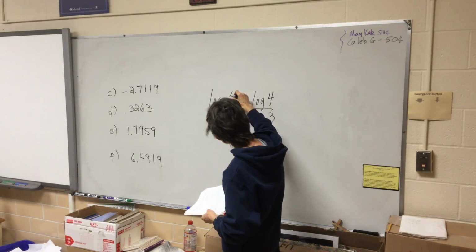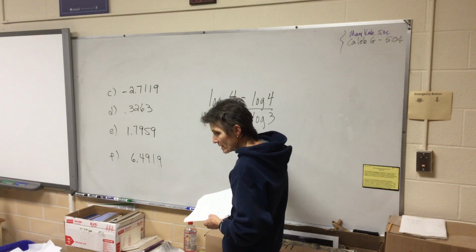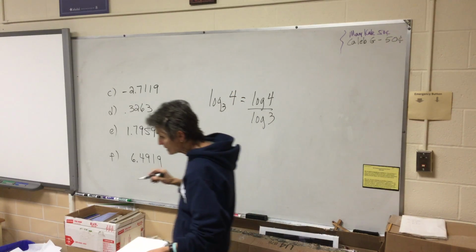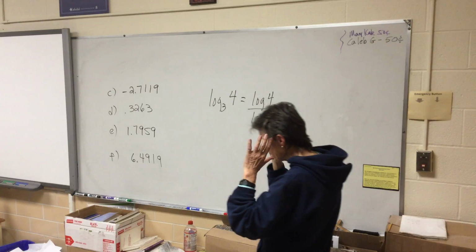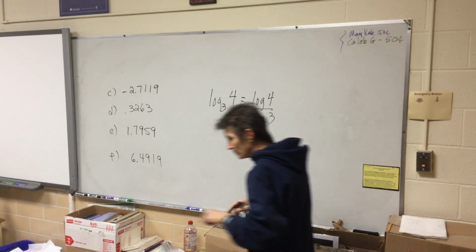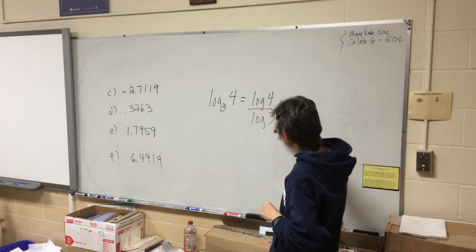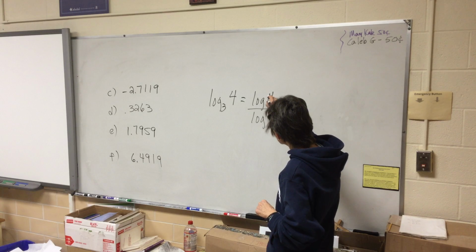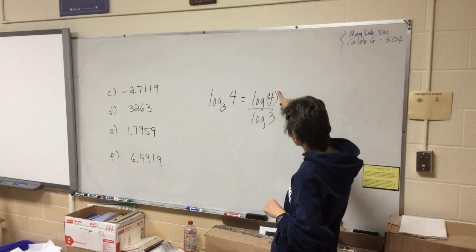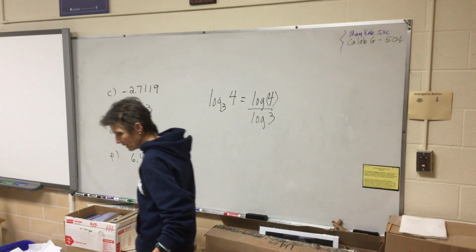It's the log of this number divided by the log of the bottom number. Always. So there really isn't anything to be confused about. We just have to pay attention so we know the rule. And that goes for all of you. Log 4 divided by log 3. The only place you could mess up is you got to remember to close the parentheses after the first number that you put in.